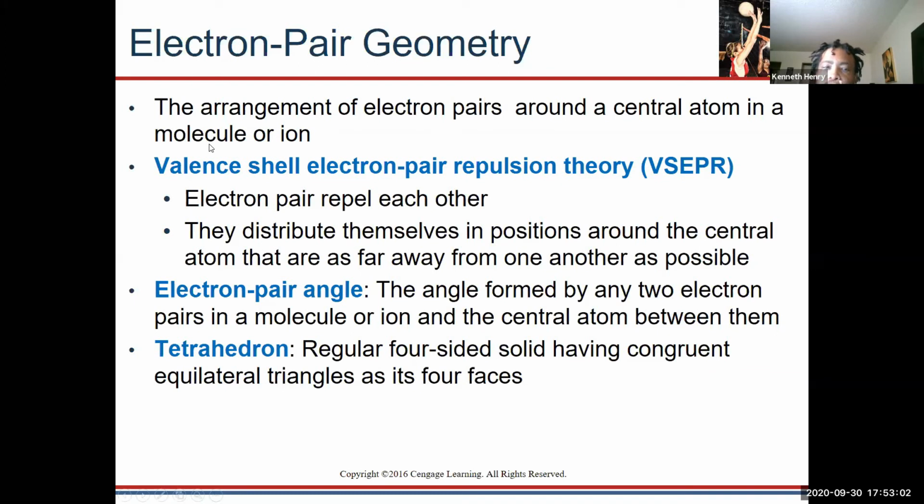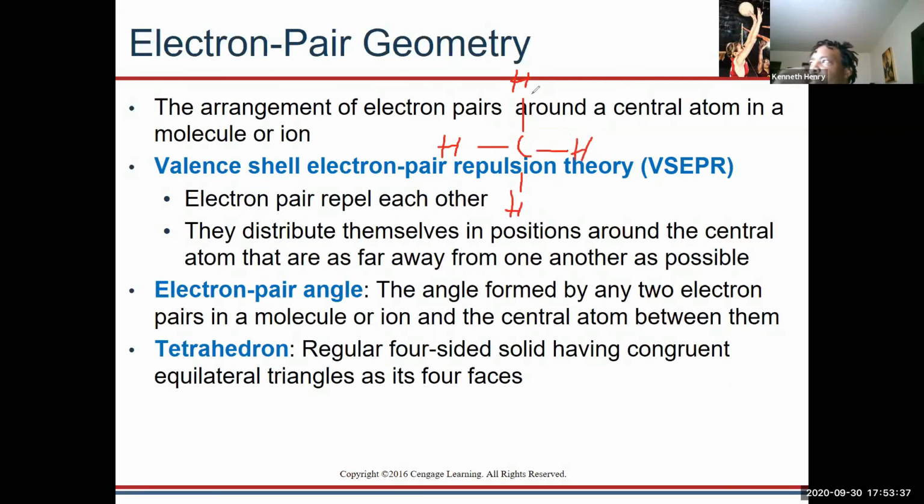So VSEPR, which stands for valence shell electron pair repulsion theory, right? So the way it works is the electron pairs are going to try to repel each other as far as possible. So they're not going to want to be right next to each other. So when we draw our Lewis dot structure, let's say we're talking about C, although there's no electron pairs here, right?